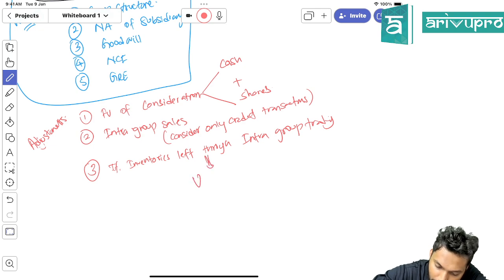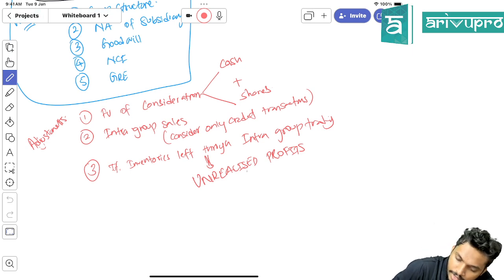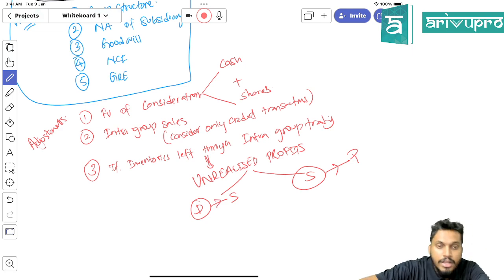You need to calculate unrealized profits. So for unrealized profits, be very careful. Who is selling to whom? Is it the parent selling to the subsidiary, or the subsidiary selling to the parent? Then you know what adjustments you need to do there.